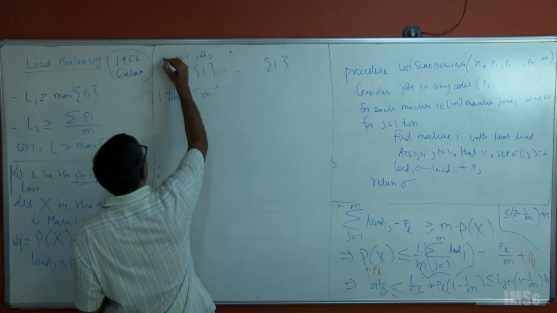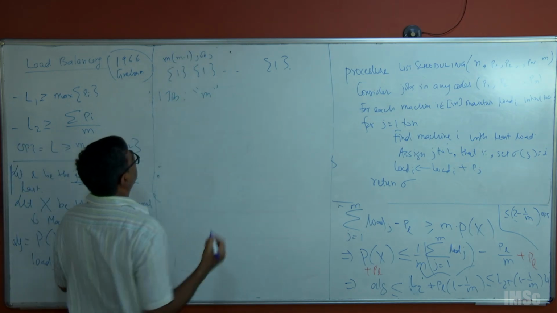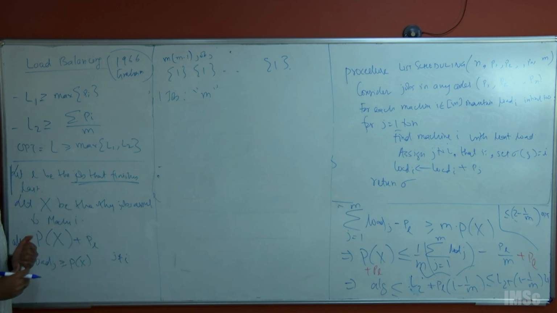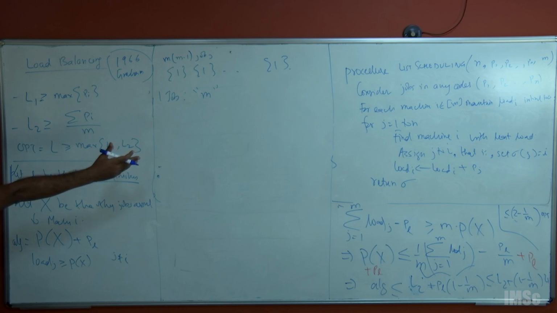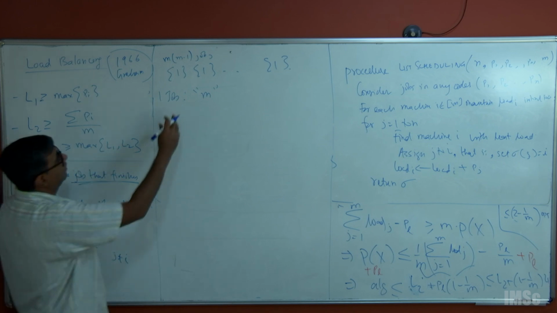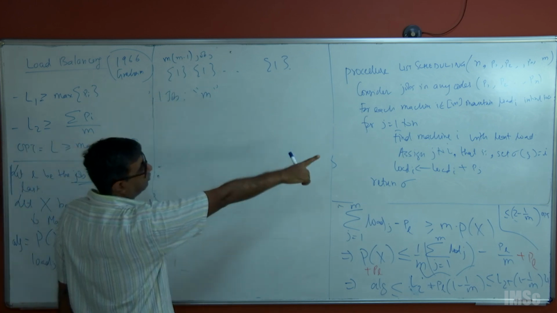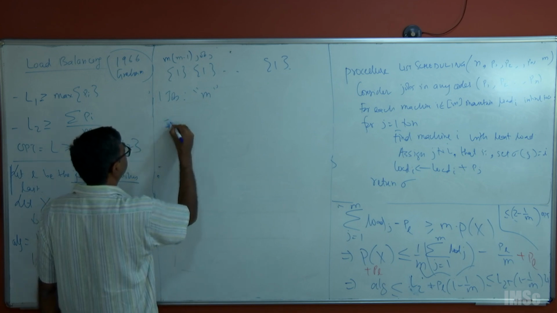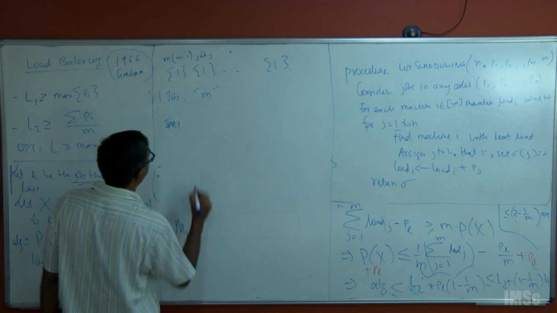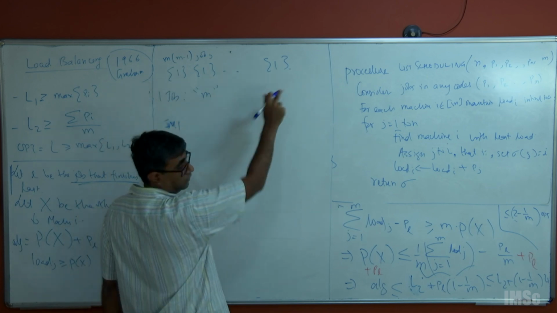So we have m times m minus 1 jobs of length 1 and 1 job of length m. Now it is to be done in any order. So imagine this is machine 1, up to machine m. If I suppose I process in this way, what will happen?